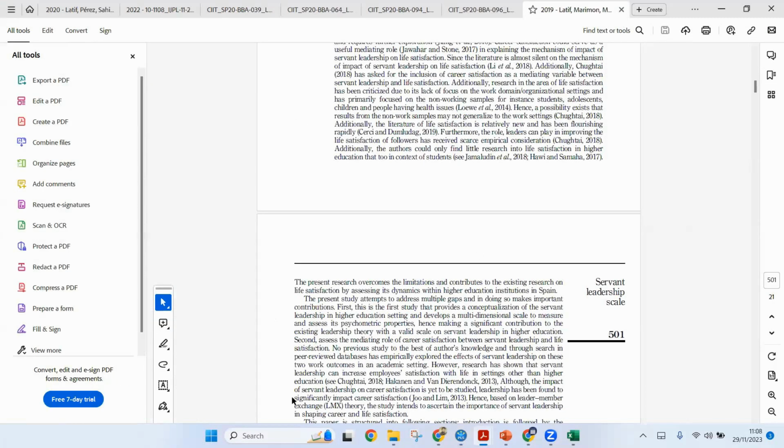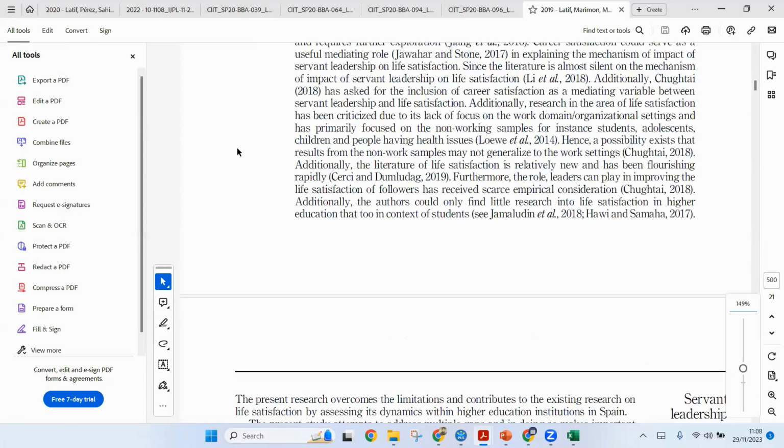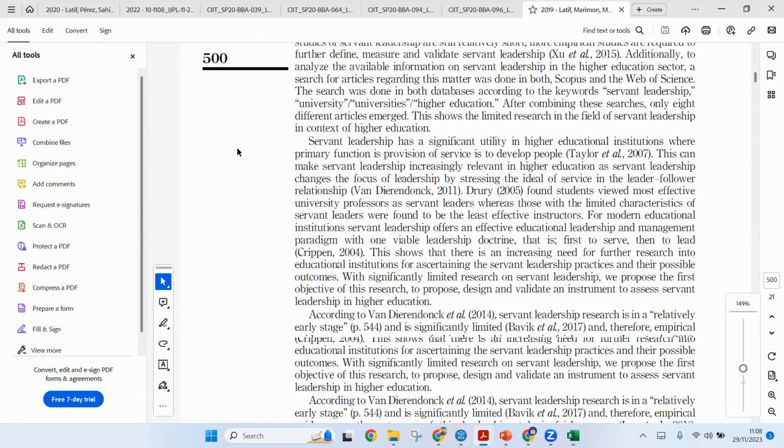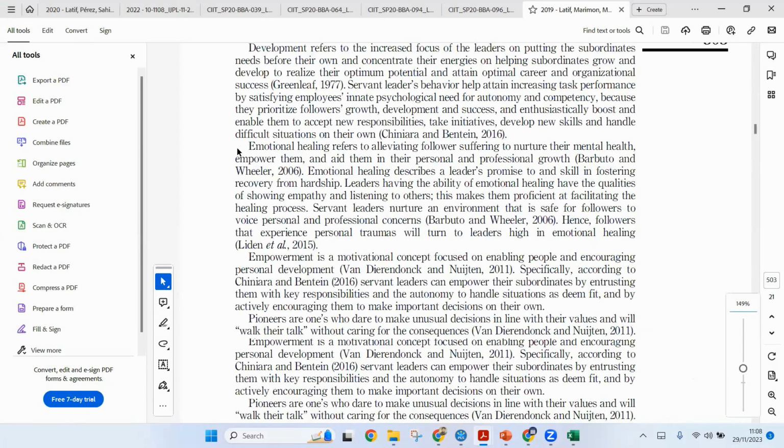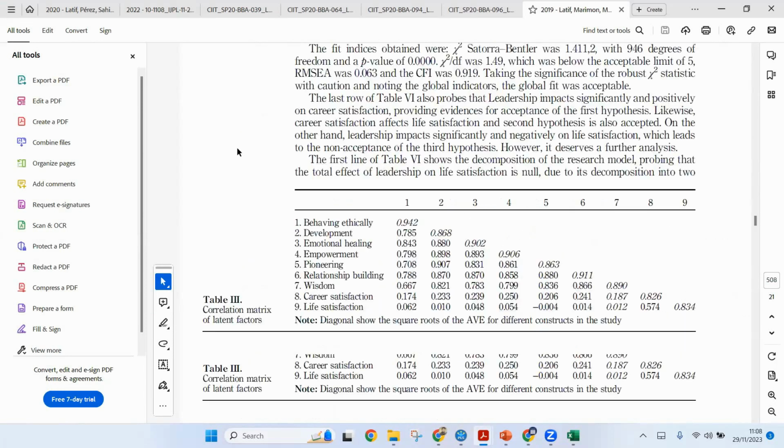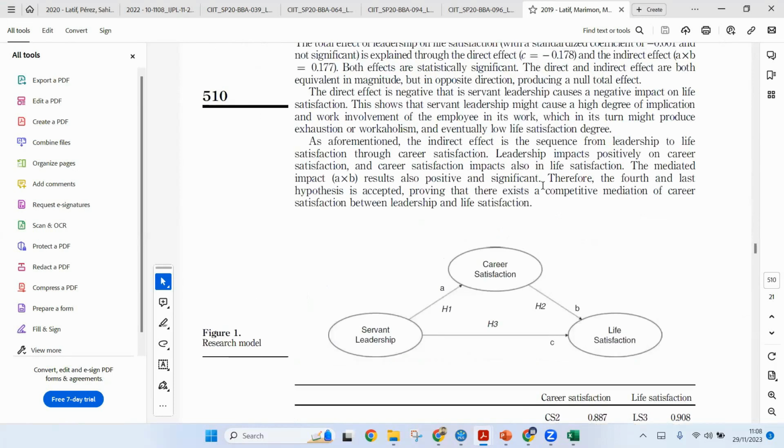Okay, you see this paper here. This is the model that we tested. We not only developed a scale in this, but we also tested a model. Now, this model that we tested, you know what the problem was?